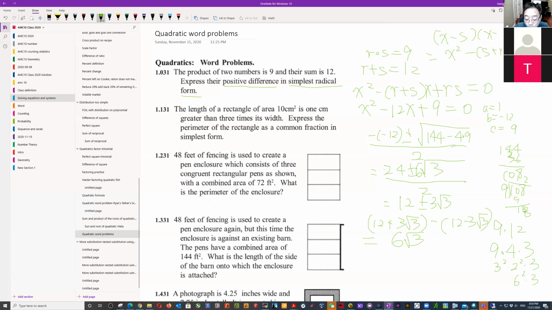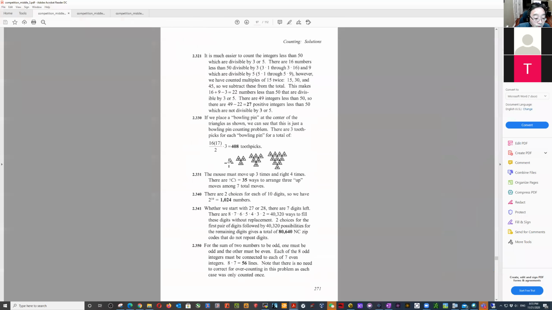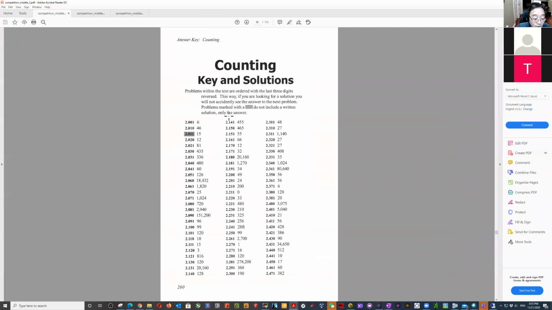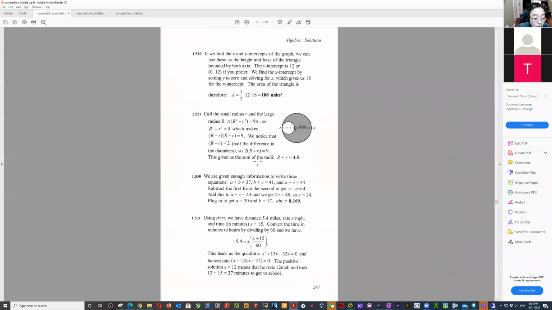So this is the way that you can do the problems. They actually have the solution, so this is the solution key.